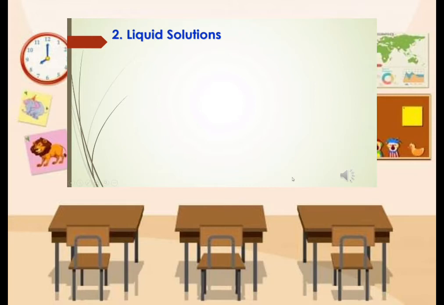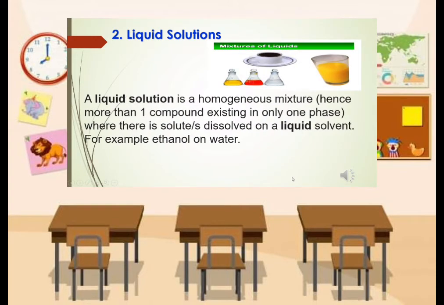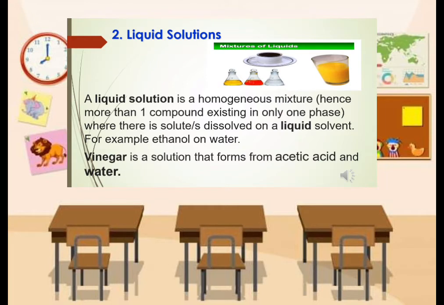Number 2, liquid solutions. A liquid solution is a homogeneous mixture, hence more than one compound existing in only one phase, where there are solutes dissolved in a liquid solvent. For example, ethanol in water. Vinegar is a solution that forms from acetic acid and water.